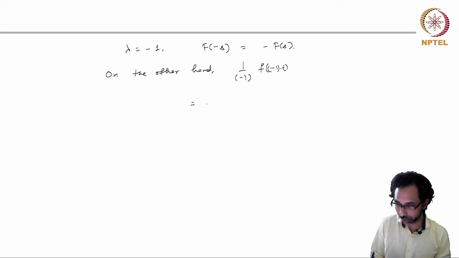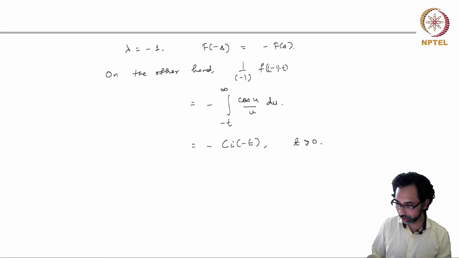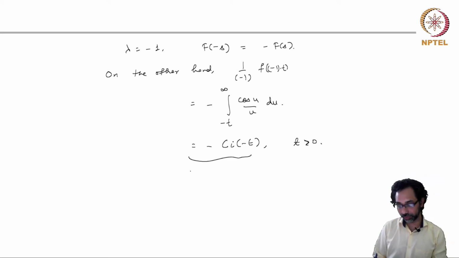Then this is given by minus the integral from minus t to infinity of cos u over u du. So this is minus cosine integral of minus t, where t is greater than 0, but this is not defined.